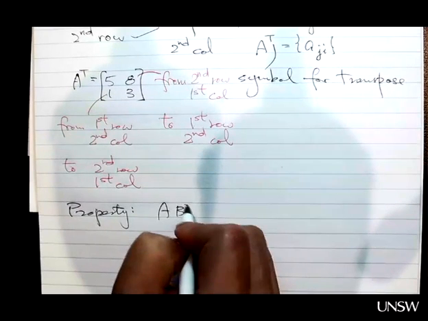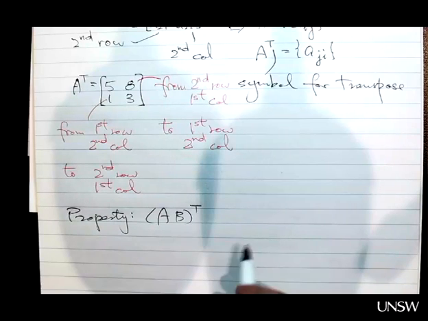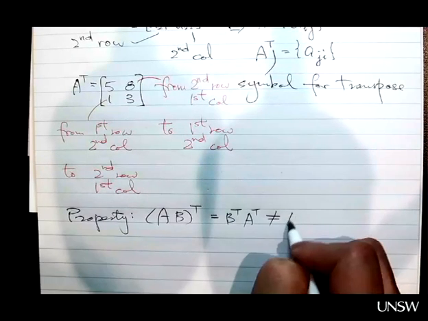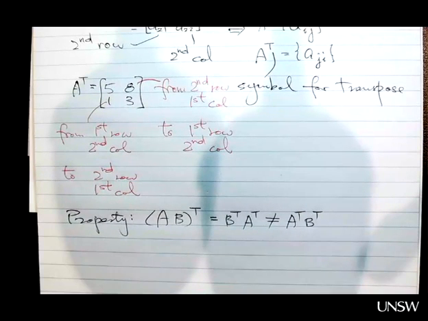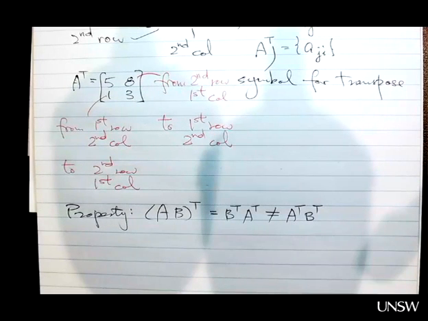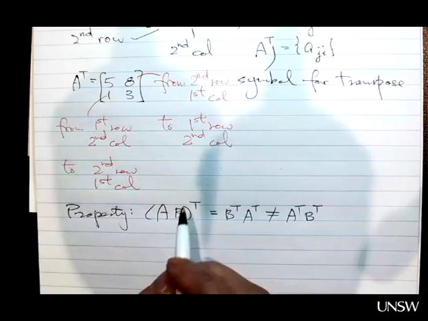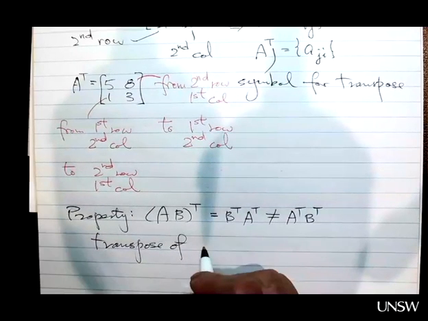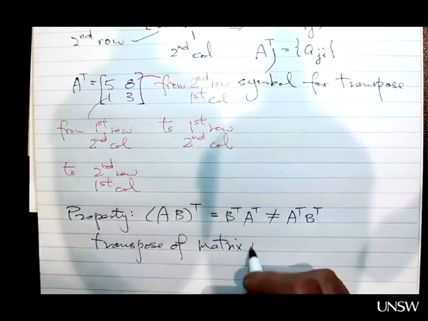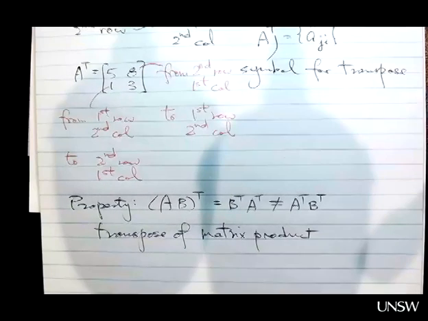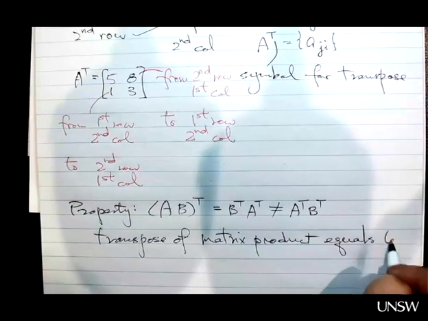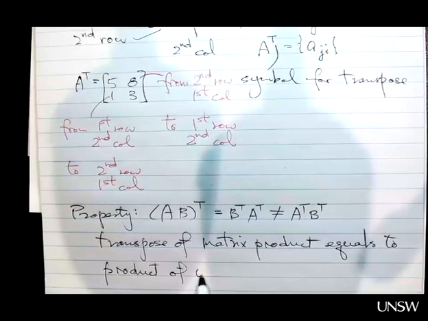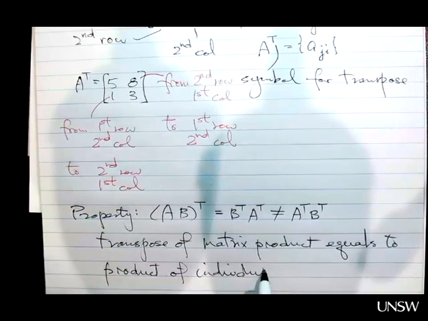If we have a matrix A and matrix B multiplied together, okay, the transpose of a matrix product is not equal to the product of the individual matrices, but it equals the product of the individual transposed matrices in reverse order.